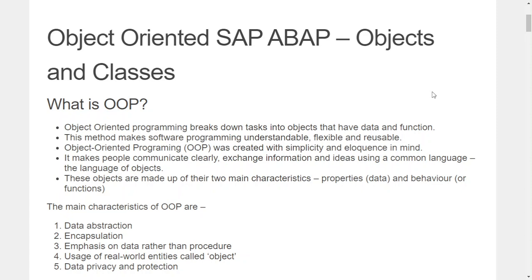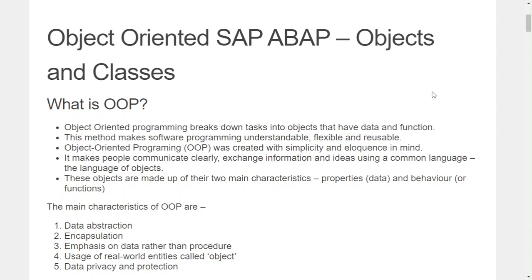The fourth point is that it makes people communicate clearly, exchange information and ideas using a common language, the language of objects. So the communication between one class and another in programming is clear and understandable. The last point is that objects are made up of two main characteristics.